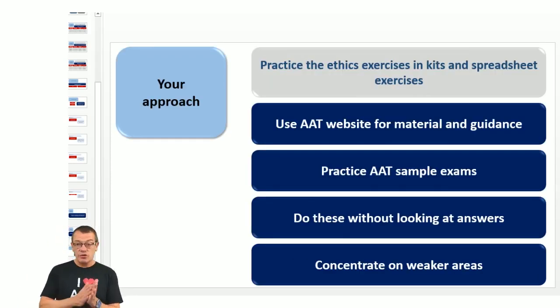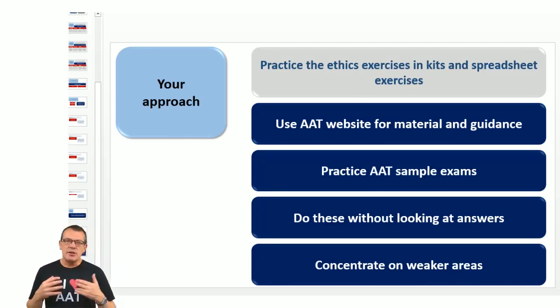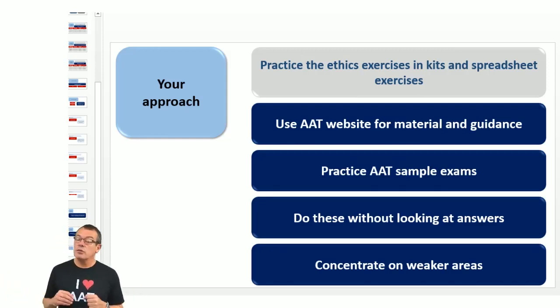So what approach do we take? Let's have a look. As a student at your age, in the position that you are, an advanced diploma student, what are we going to do? You'll be responsible yourselves for a lot of this, and you'll be quite happy to do a lot of the work yourself, as you know you have to do, because you're progressing through your career. So practice the ethics and spreadsheets in whatever books or kits that you're using.